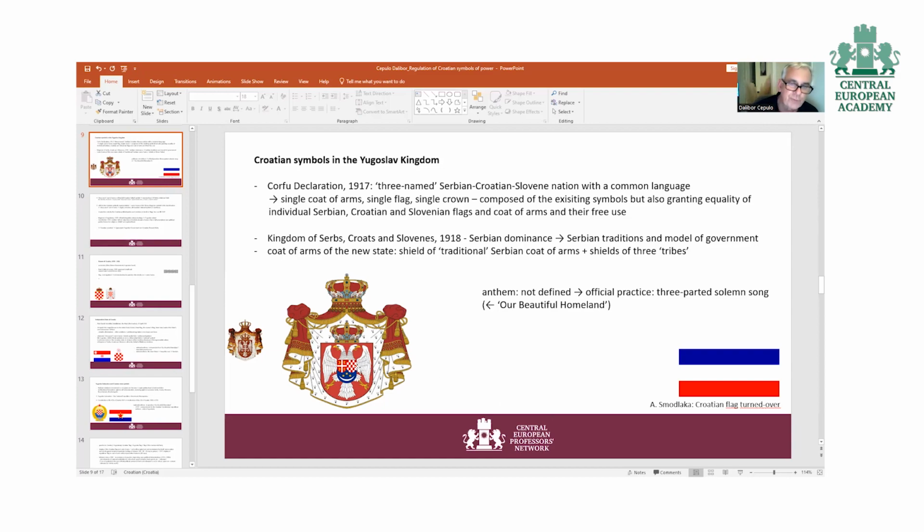This was also the first time that this characteristic Croatian checkered coat of arms was proclaimed an official coat of arms. The anthem of the new state was not defined, but it consisted of a three-part solemn song: the Serbian anthem, the Croatian Our Beautiful Homeland, and a Slovenian solemn song.